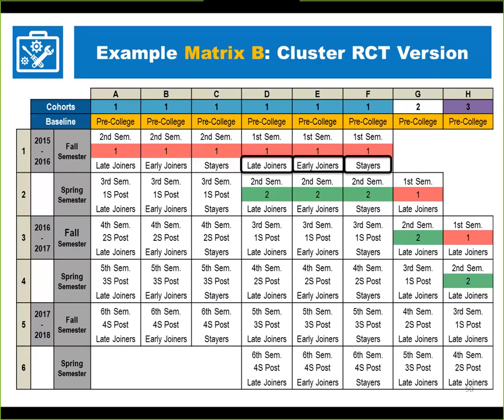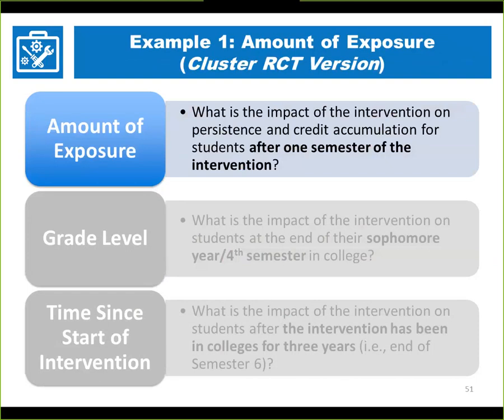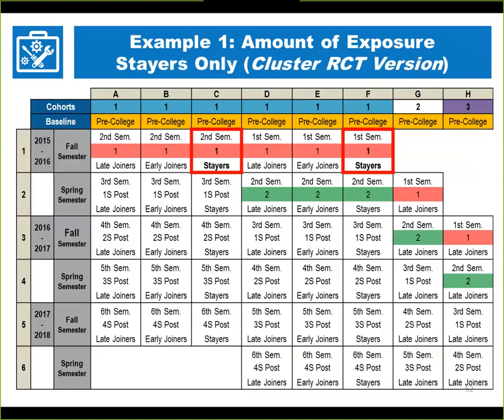So returning to example 1 for the cluster RCT design, we look at the samples that would be used to address the research question of what is the impact of the intervention on persistence and credit accumulation for students after 1 semester of exposure to the intervention. For this question, for the cluster RCT, again, we need to determine whether the sample will include joiners or not.